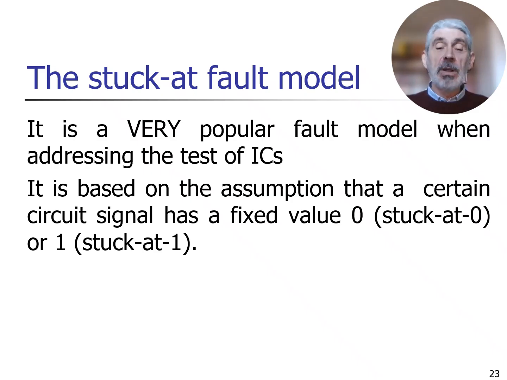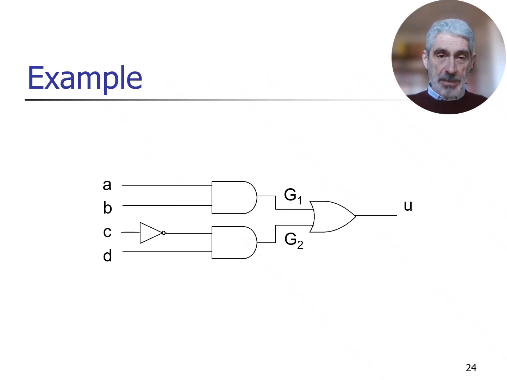Either the line will be permanently stuck at the zero logical value, or it will be permanently stuck at the 1 logical value. And this will be repeated for every line. So if the circuit is composed of n lines, there will be 2n possible faults, and we will consider these 2 times n possible faults for our test purposes.